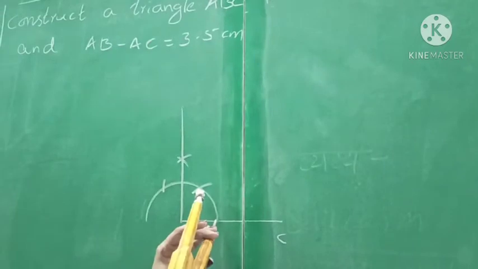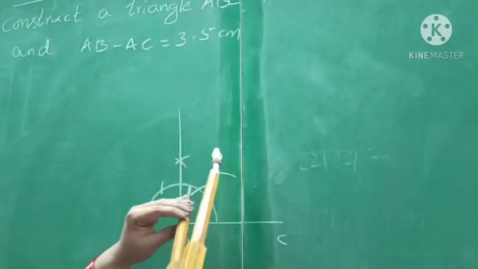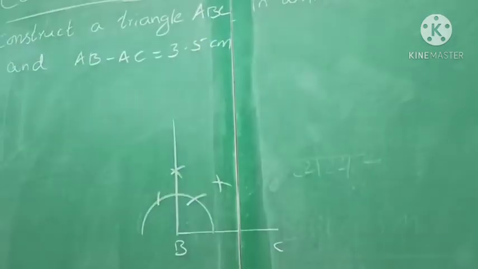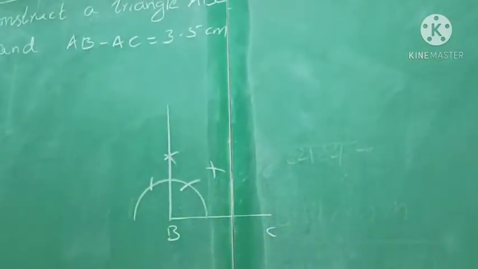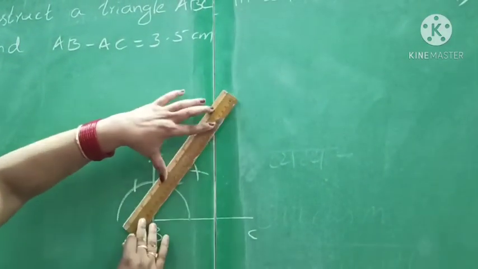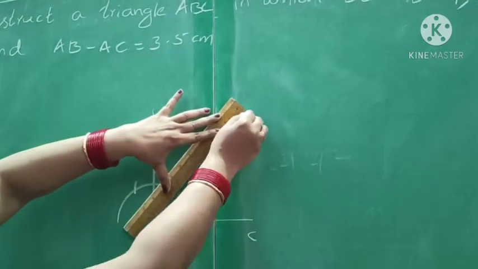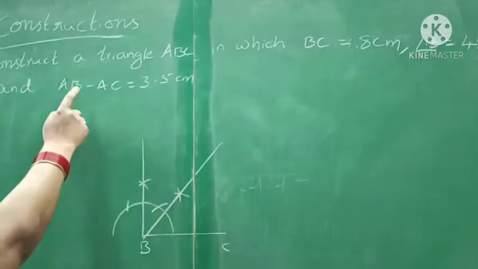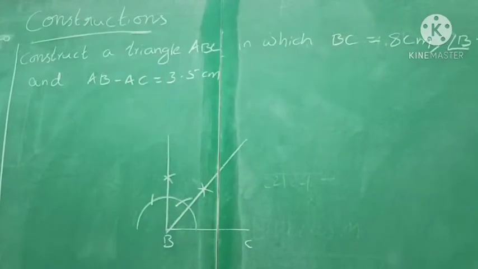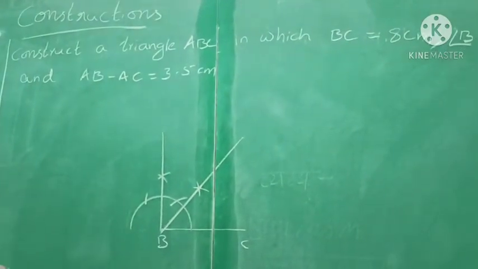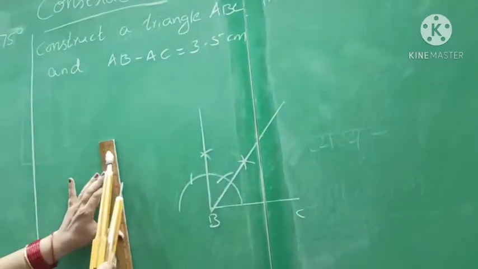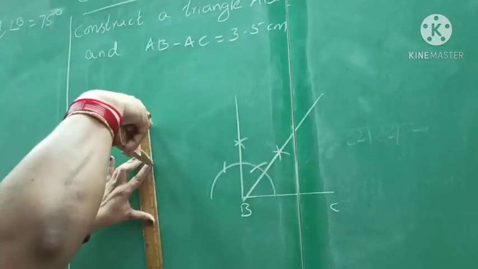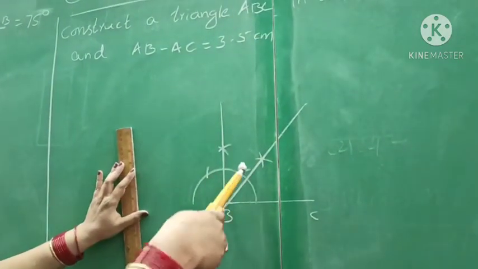Bisector of 90 degrees is equal to 45 degrees. So here we have to look at AB minus AC equal to 3.5 centimeters. So measure 3.5 centimeters and draw an arc.